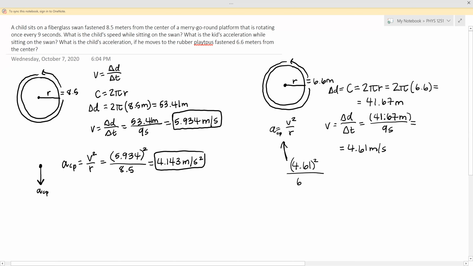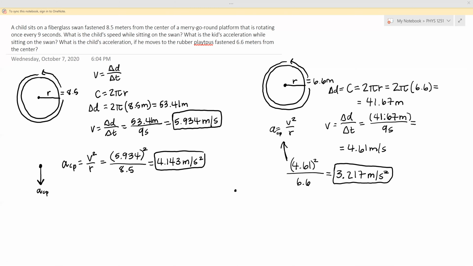And so when we did this, we know that the acceleration is only pointing towards the center of the circle, because for circular motion, there's always acceleration towards the center of the circle.